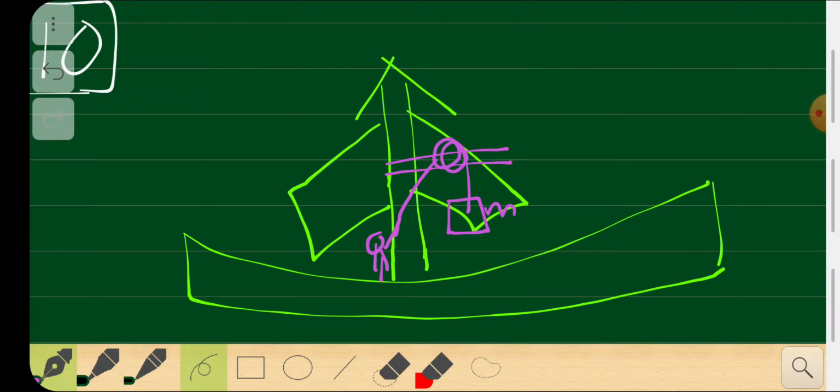This could be a large amount of kilograms, like 50 or 100 kilograms, but the person only has to give some force which is much smaller, like 1 kilogram force or something like that. So a person who is applying 1 kilogram can hold this mass. That's the essence of this.